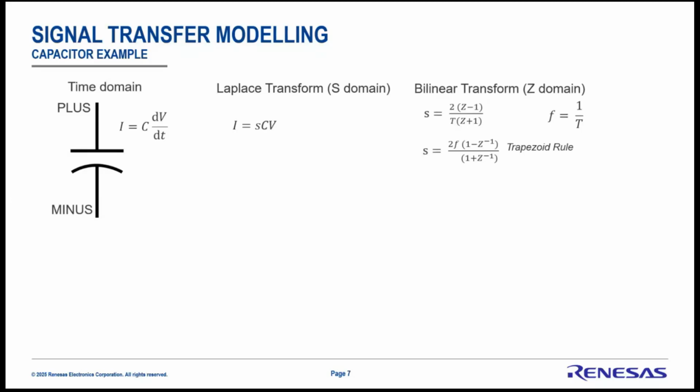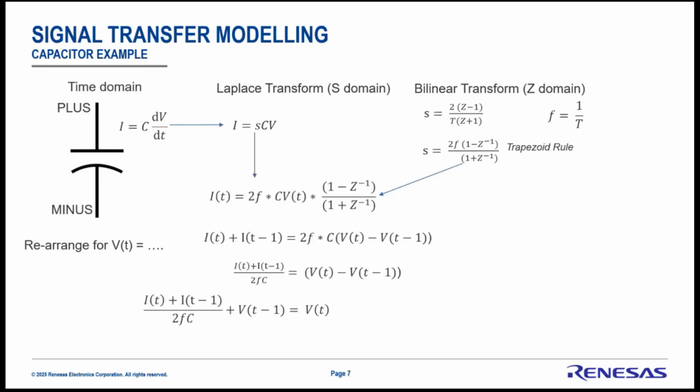Z to the -1 is your previous sample, so it's just a delay. That's the trapezoidal rule. So that does mean you could get trapezoidal ringing in your digital models. I'm not sure if that's the problem I've got or something else. It's so hard to debug some of this stuff.